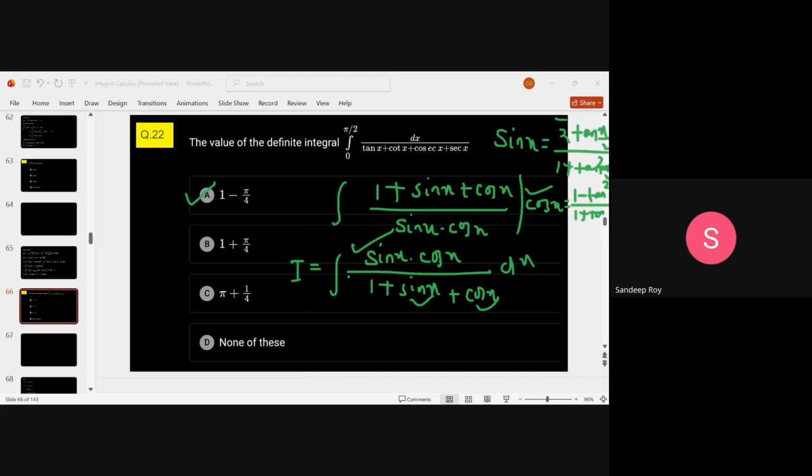Substitute all the values, take LCM and simplify further.